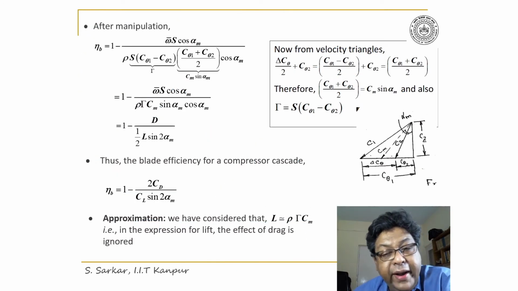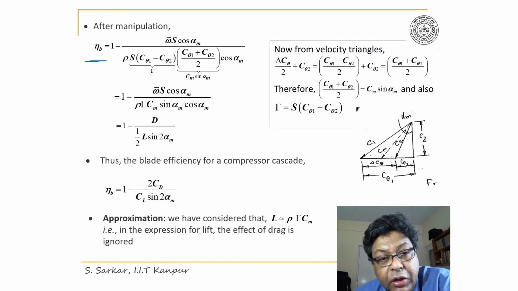Now here I have done some algebraic manipulation. In the expression of eta b, look at the second part. Both numerator and denominator I have multiplied by s into cos alpha m, and in the denominator I have grouped the terms.